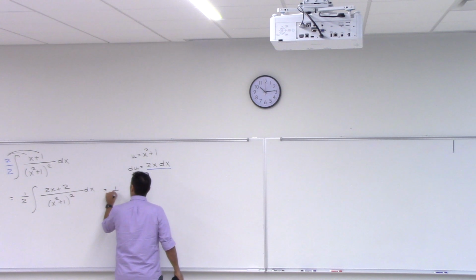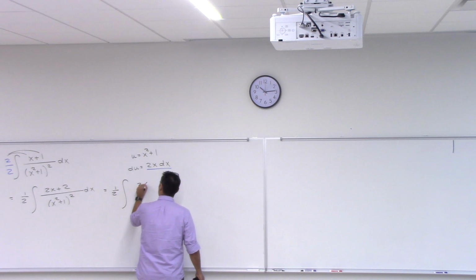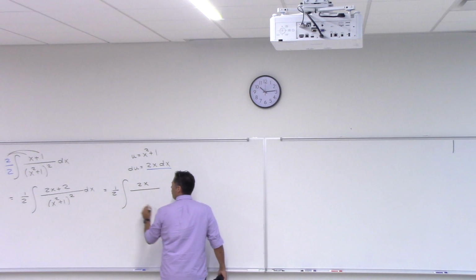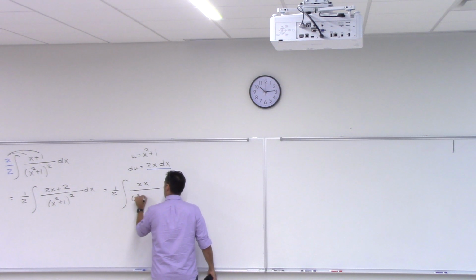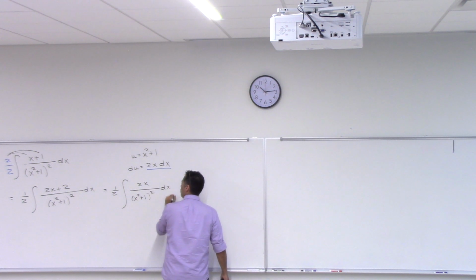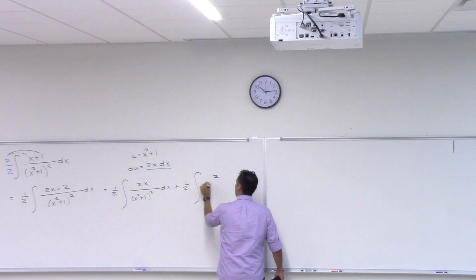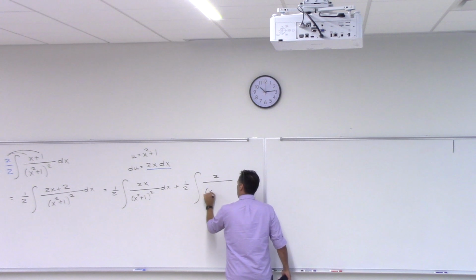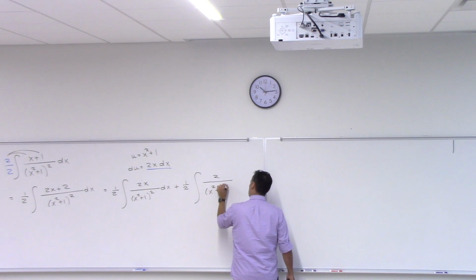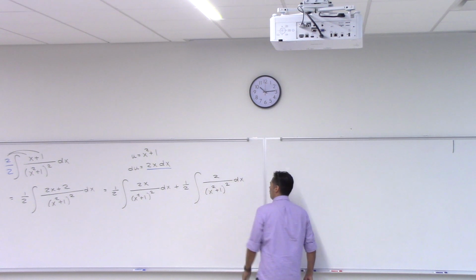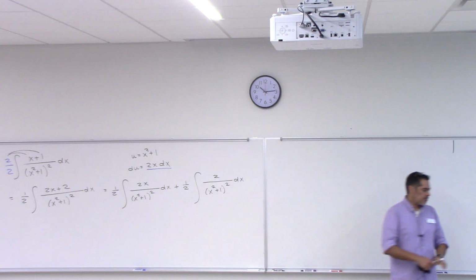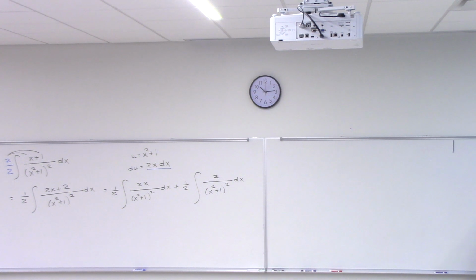So I'm going to go 1/2 integral 2x over x squared plus 1 squared dx, that's the first integral, plus 1/2 integral 2 over x squared plus 1 squared dx. That's just me taking it apart into 2 different integrals, right?